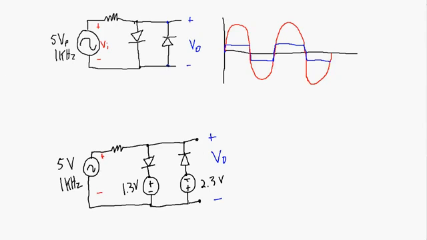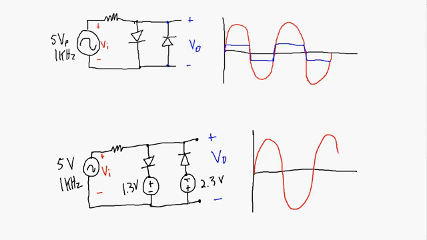So what's applied by this sinusoidal source. And I'm going to need to plot this out. So again, I have a sinusoidal input with a 5-volt peak. And let's take a look at what happens at the output when we apply this input signal.